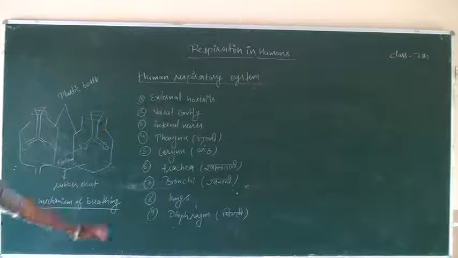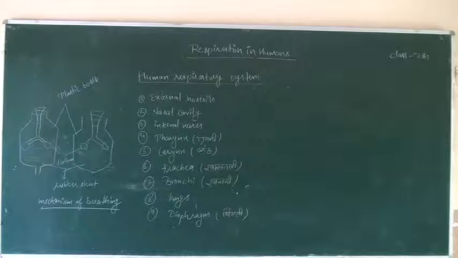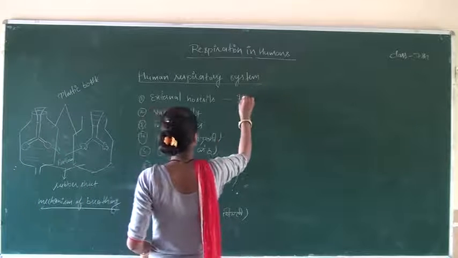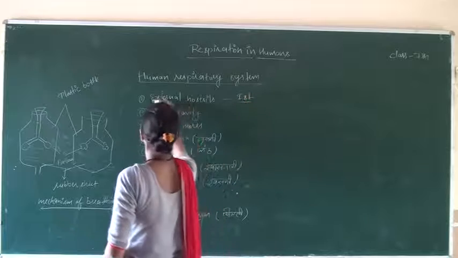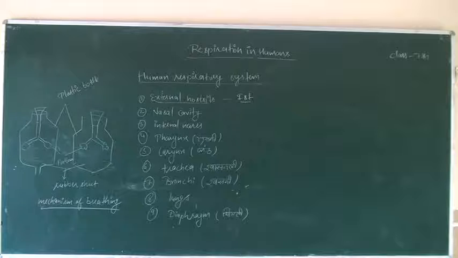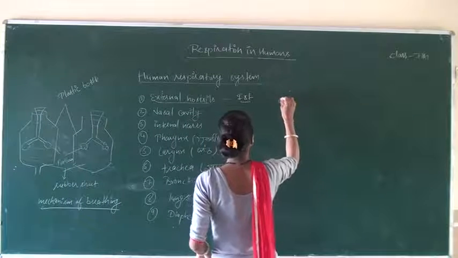Okay. Now, first is the external nostrils. External nostrils are the first part of the respiratory system. They open into the nasal cavity and are made for inhalation of air.